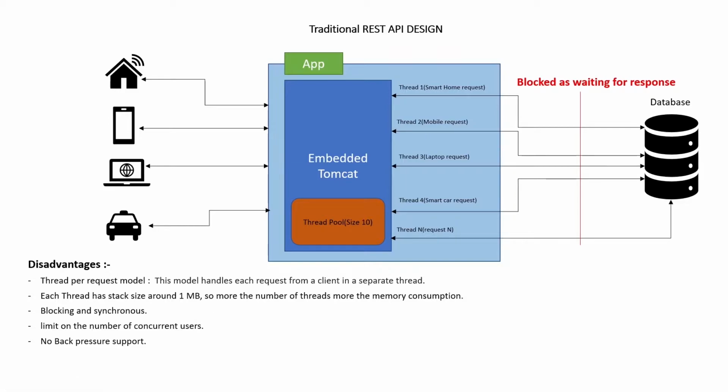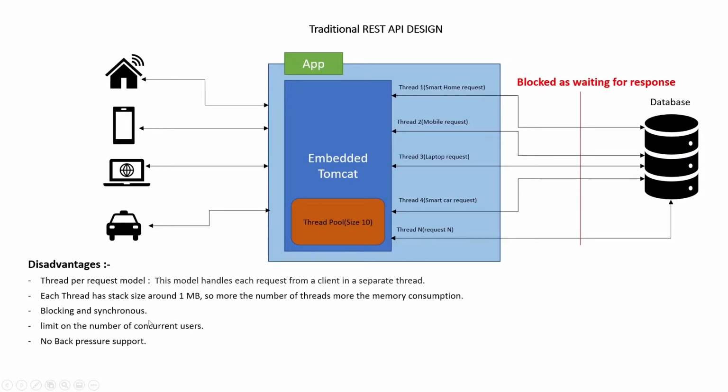So if you remember, even in our restaurant example for the first flow, the waiters were waiting in the kitchen for the food preparation, and none of them were available to take the order from the new customer, right? Similarly over here, all the threads are blocked waiting for the response from the database and they are not able to serve any new requests. So this is a blocking flow.